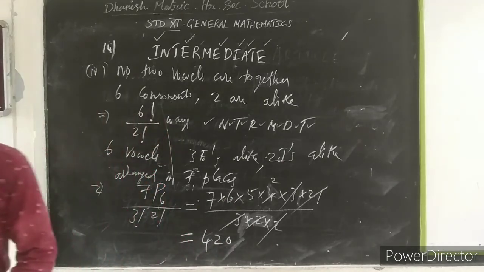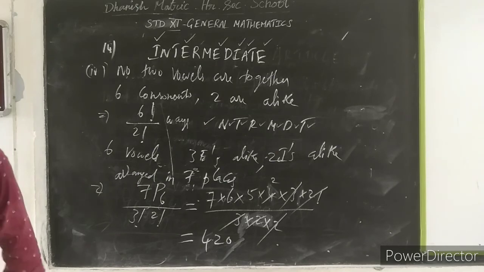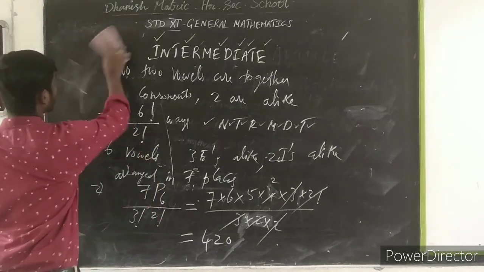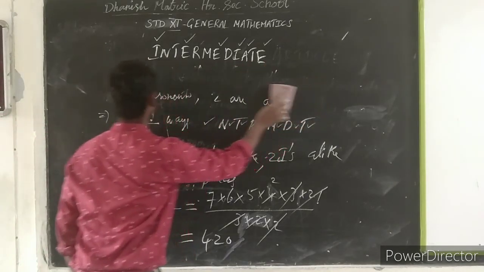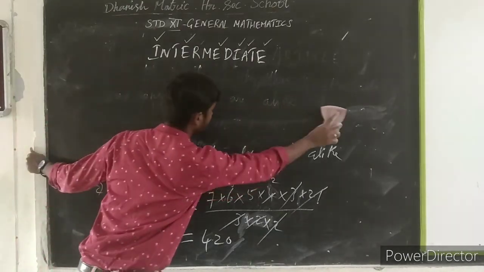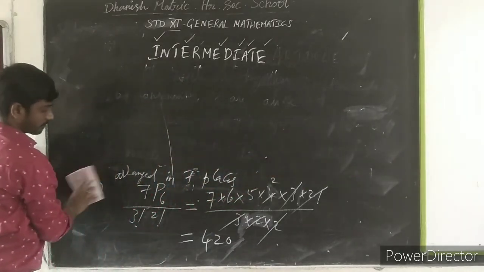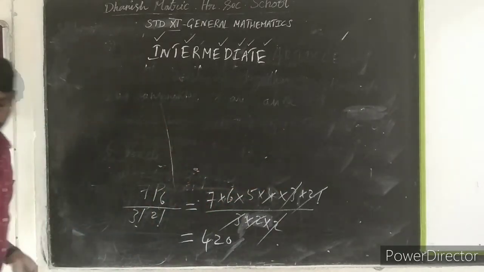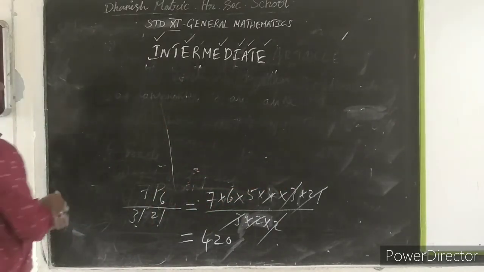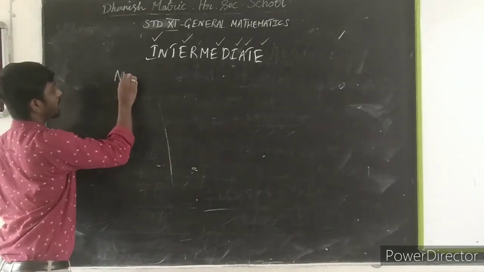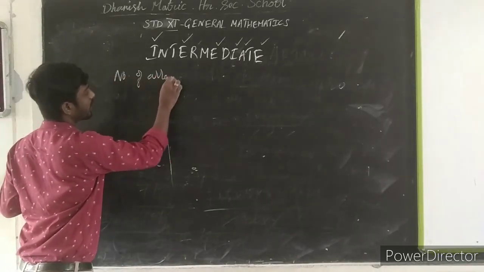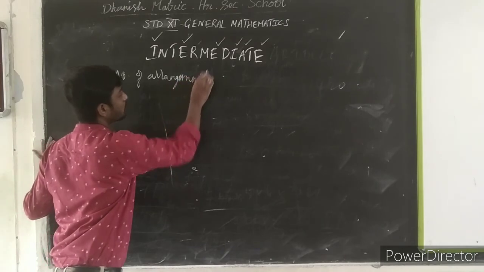Now we find the consonant arrangements, which we multiply by the number of vowel arrangements.